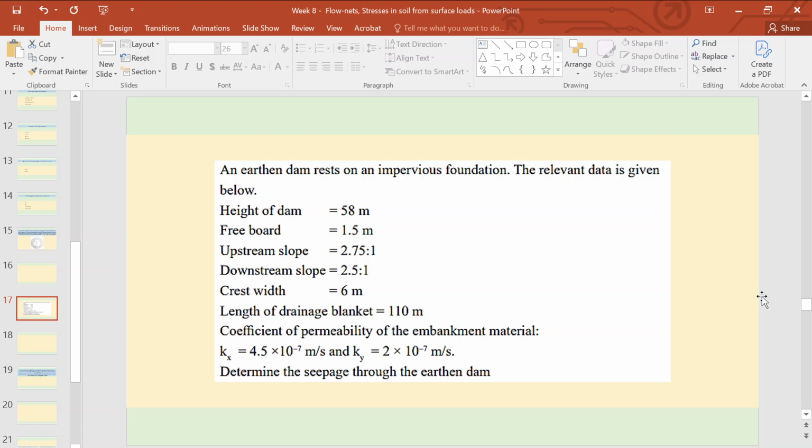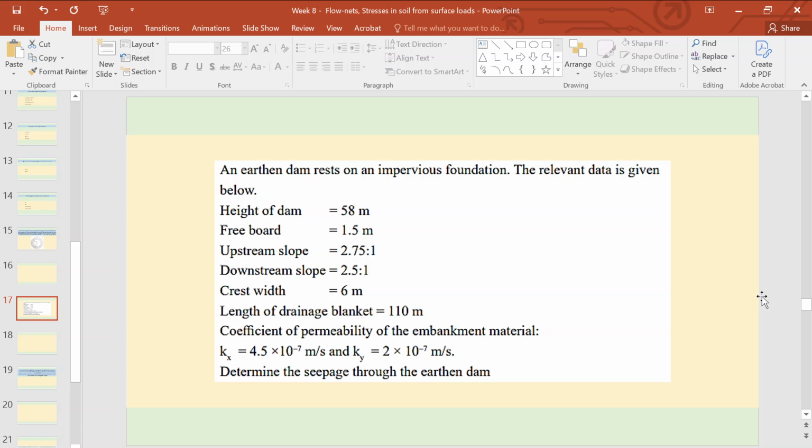I repeat the question. An earthen dam rests on an impervious foundation. The relevant data is given below, where height of the dam is 58 meter, freeboard is 1.5 meter, upstream slope is 2.75 is to 1, downstream slope is 2.5 is to 1, horizontal to vertical in both the cases.